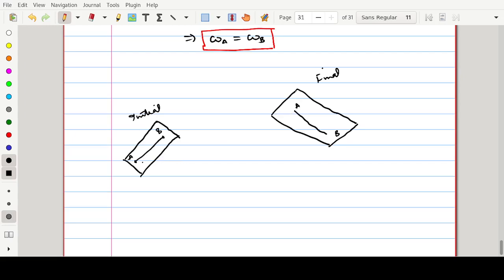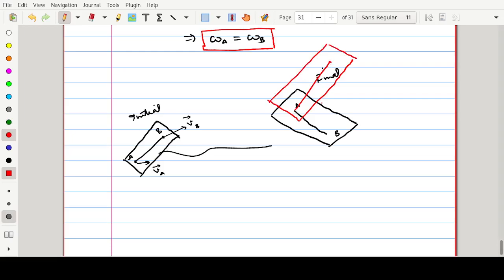This is velocity of A and this is velocity of B. One way is that this whole thing translates with the velocity of A. So A will reach its final position, but B will not be at its final position.